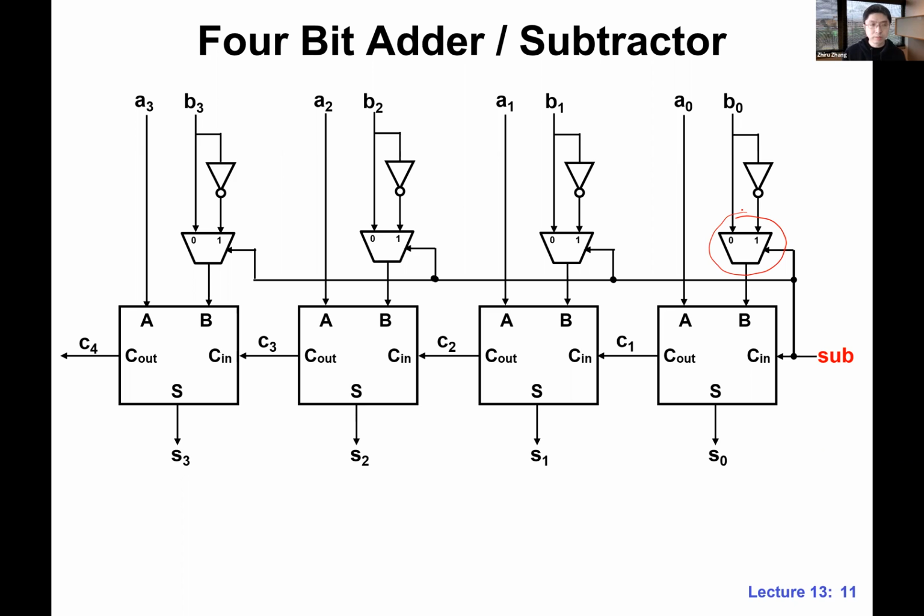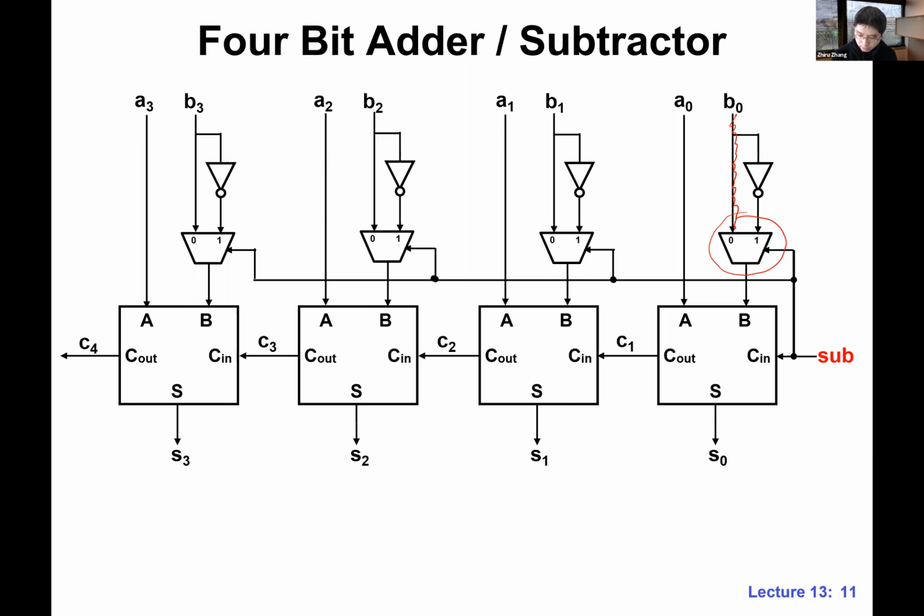Mux is indeed very useful because this is where we use it to select inputs. If you are doing addition, we take this path, we take the original B. Otherwise, we take the inverted B. That's how we use the mux.